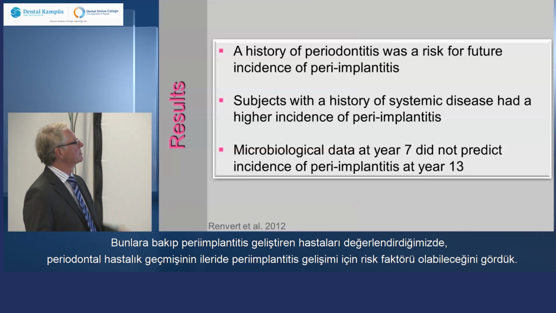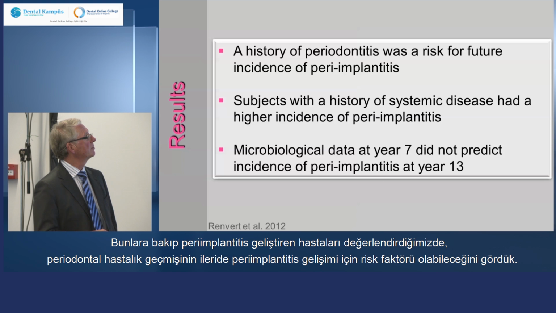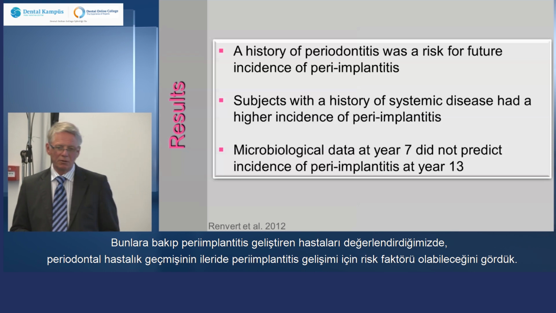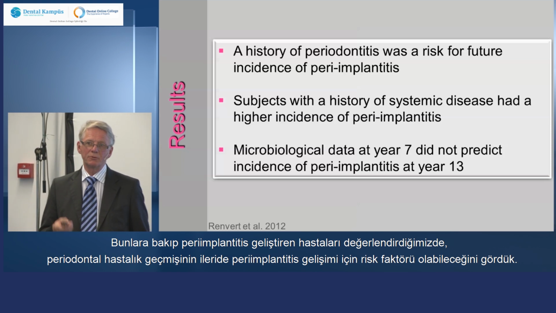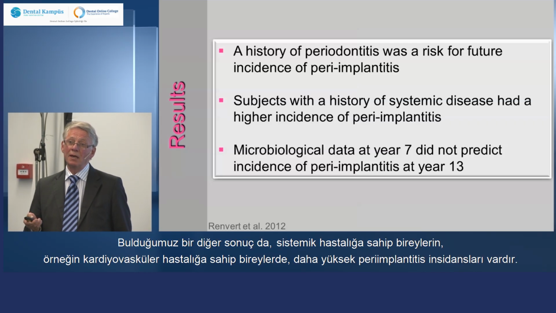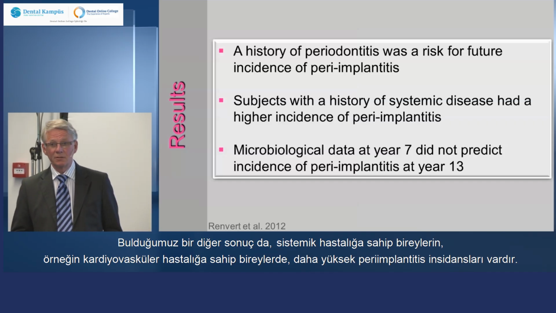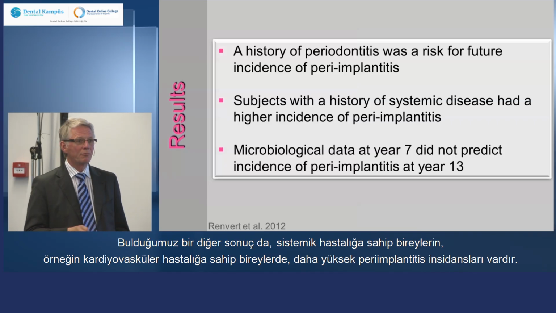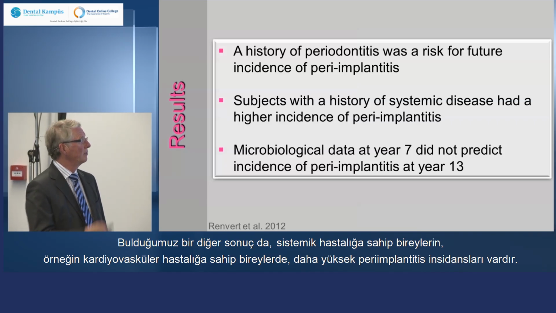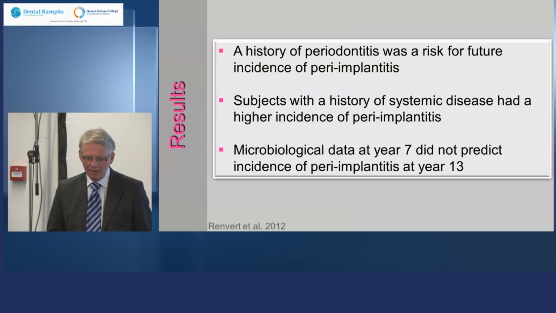When we looked at those and saw the ones that developed periimplantitis, we saw also here that a history of periodontal disease was a risk for future incidence of periimplantitis. Another thing that we found was that patients with systemic diseases, for example, cardiovascular diseases, were more frequently found among the periimplantitis patients than among other ones.